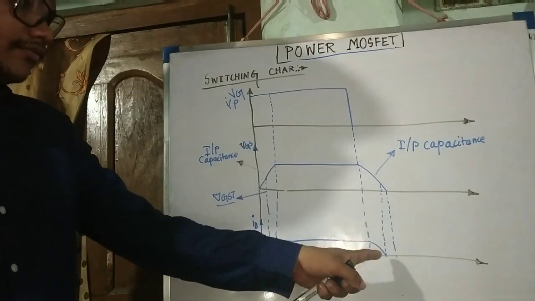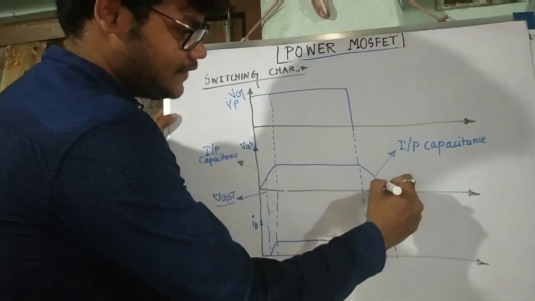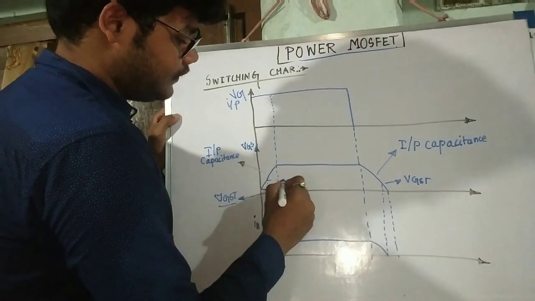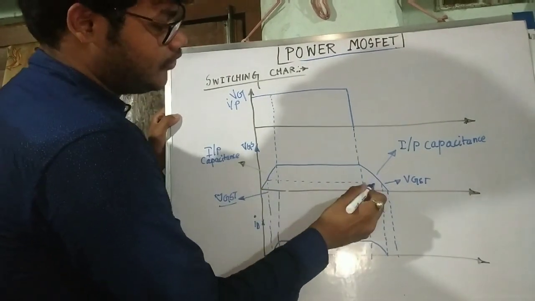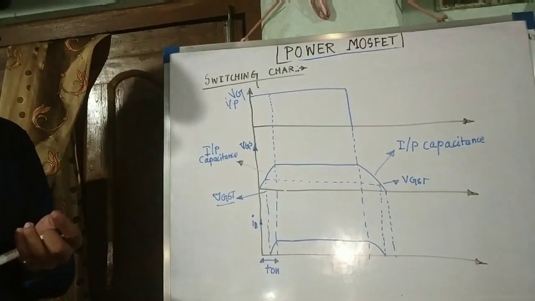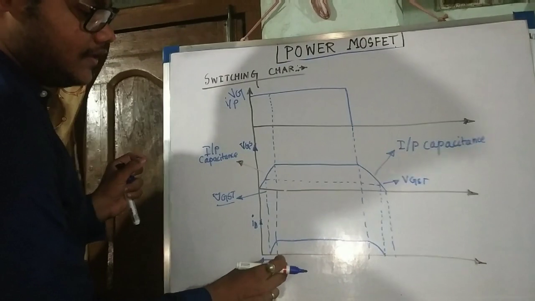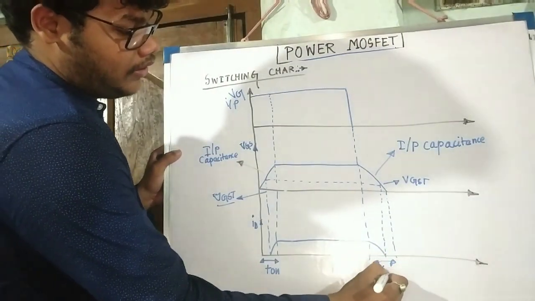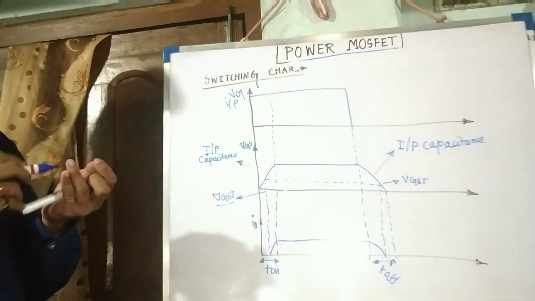And this is again VGST, the threshold voltage. After this threshold voltage, the current is 0 and the device is off. So this period is the turn on time, and this is your turn off time. So this is the switching characteristics.